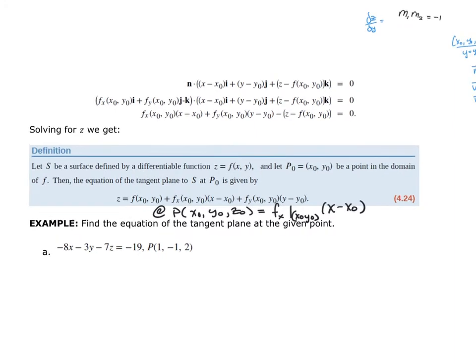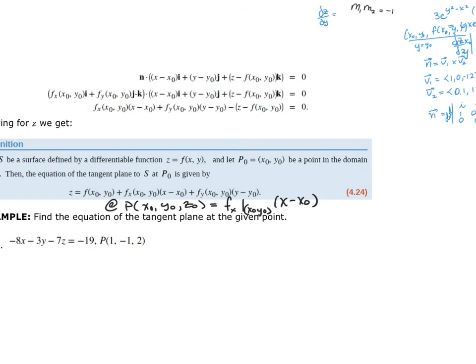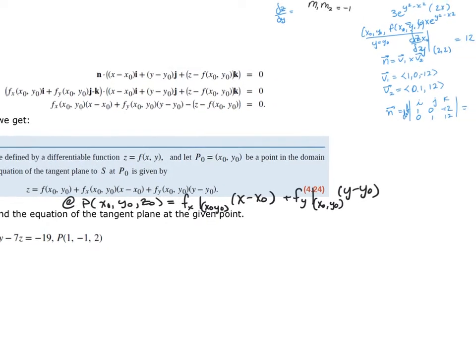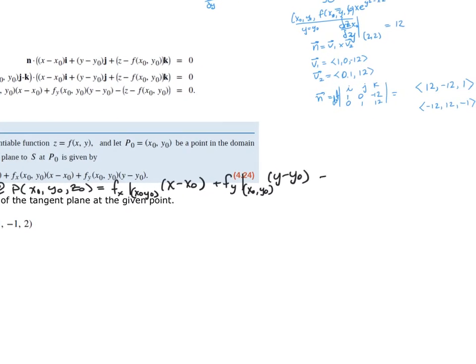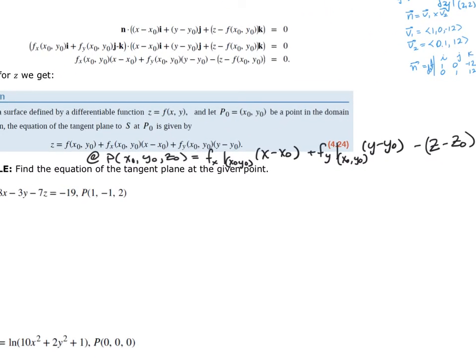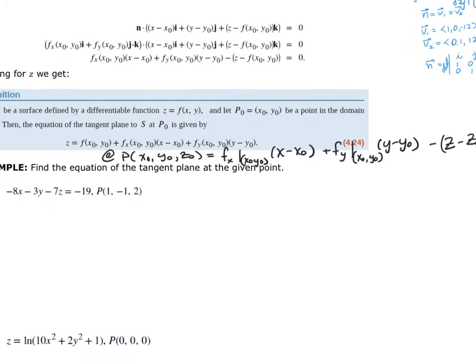So it's slightly different than the one that's given to us. And then I have plus the partial derivative with respect to y, evaluated at x naught and y naught, and then y minus y naught, and then minus z naught. So it's just slightly different than this equation we have here. And don't worry, I will give this to you for the test, so don't panic on that.